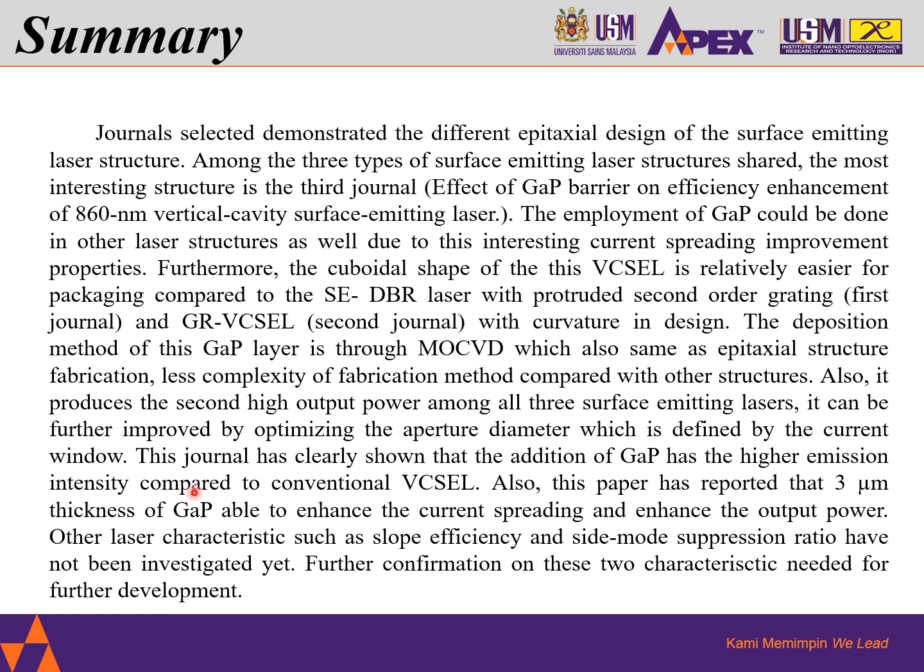This journal has clearly shown that the addition of gallium phosphide has higher emission intensity compared to the conventional VCSEL. Also, this paper reported that 3 micron thickness of gallium phosphide is able to enhance current spreading and thus enhance the output power. Other characteristics such as slope efficiency and side mode suppression ratio have not been investigated yet. Further confirmation on these two characteristics is needed for future development.